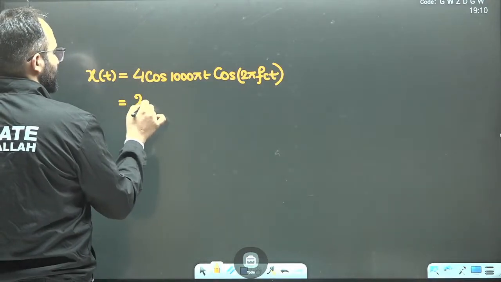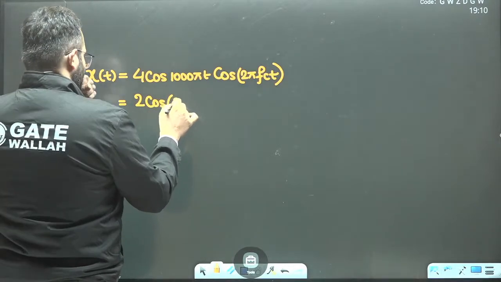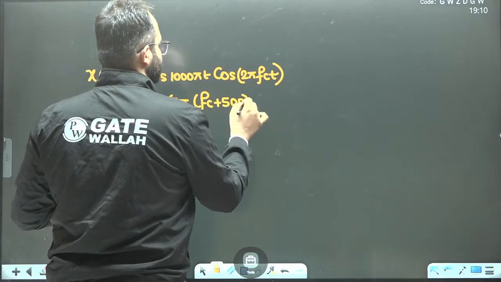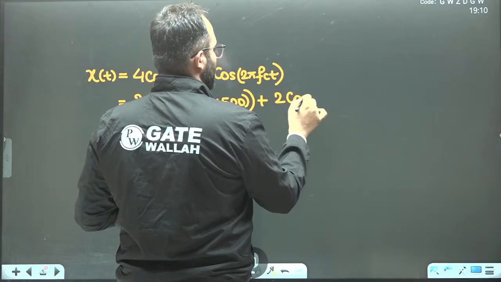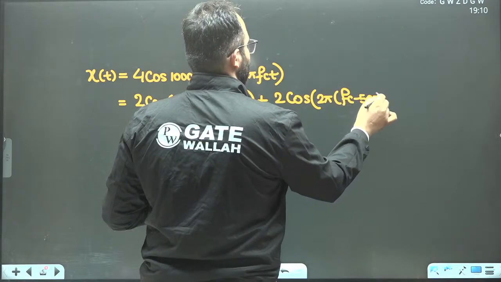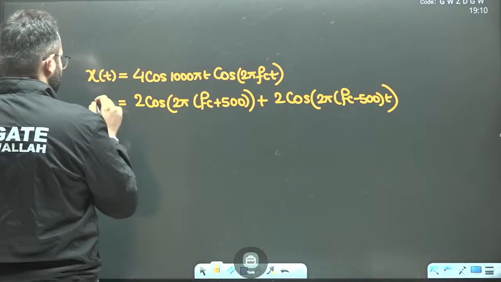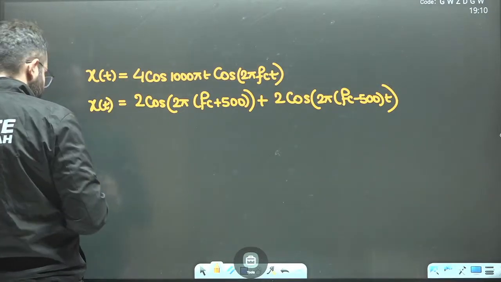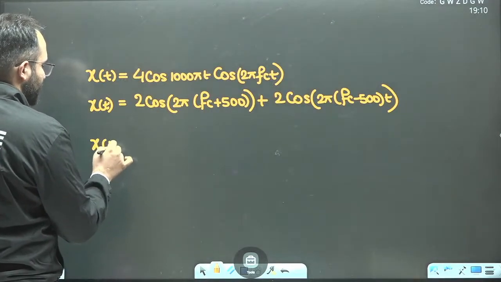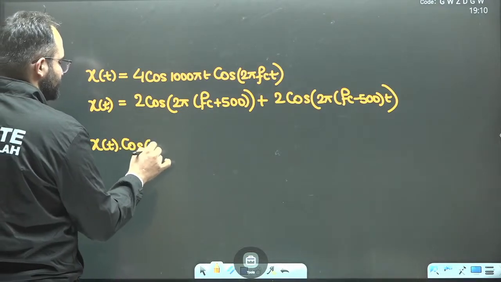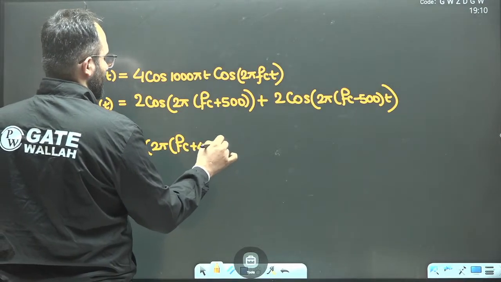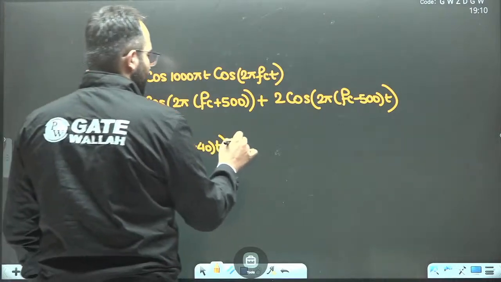If we multiply them, we'll get 2 cos(2π(fc + 500)t) plus 2 cos(2π(fc - 500)t). This is the x(t) signal. Now we multiply x(t) with the signal cos(2π(fc + 40)t), a simple cosine multiplication.